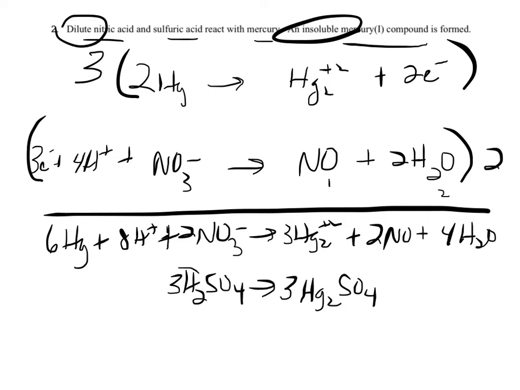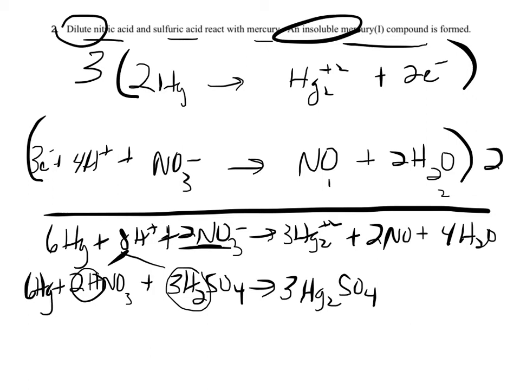Now, this is going to be the source of 6 of my hydrogens, and you'll see I have 2 NO3s here. So I'm going to have 2 nitric acids. So this other 2 is my total of my 8 hydrogens here, and my 6 mercuries.